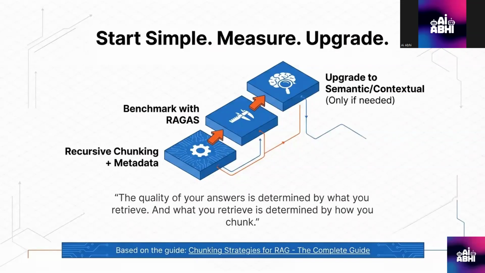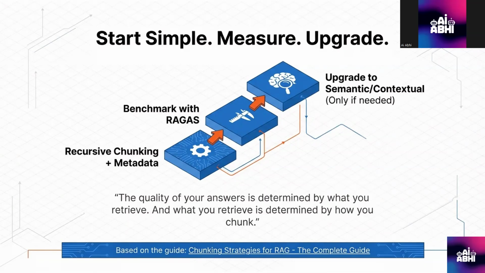So let's wrap up. Chunking is the most underrated step in any RAG pipeline. Everyone is obsessed over which LLM to use, but the quality of your answer is determined by what you retrieve, and what you retrieve is determined by how you chunk. Today we covered 10 strategies, from the simple fixed size and sentence based to advanced ones like semantic, contextual, late contextual, agentic chunking, etc. Each has its place.